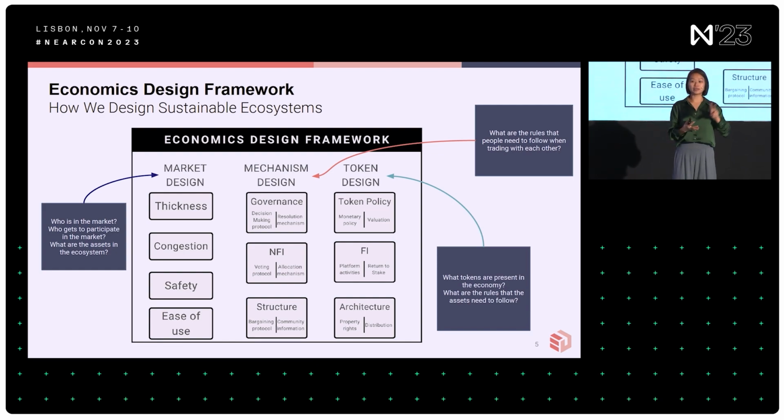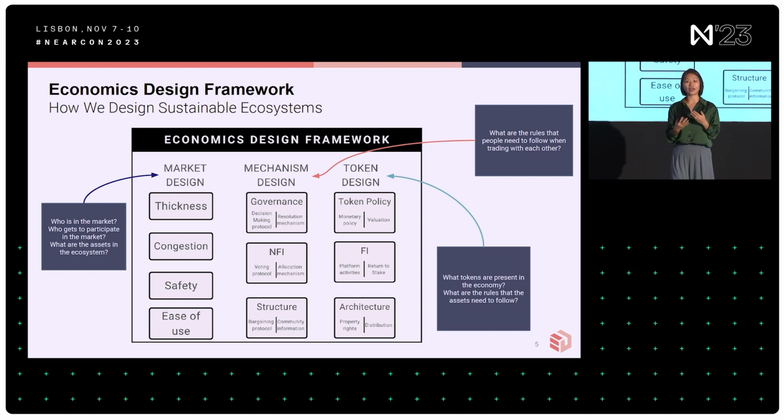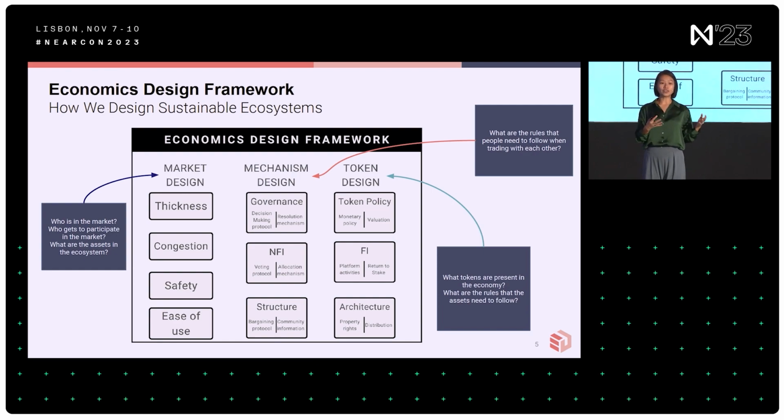Second thing is mechanism design. It's the micro part, moving towards the micro. Mechanism design talks about the incentives. So what are the rules that people need to follow to trade and interact? The thing is, at the end of the day, economics are incentives and disincentives to drive people to behave in a certain way. So we are creating the right kind of incentives to allow people to participate.